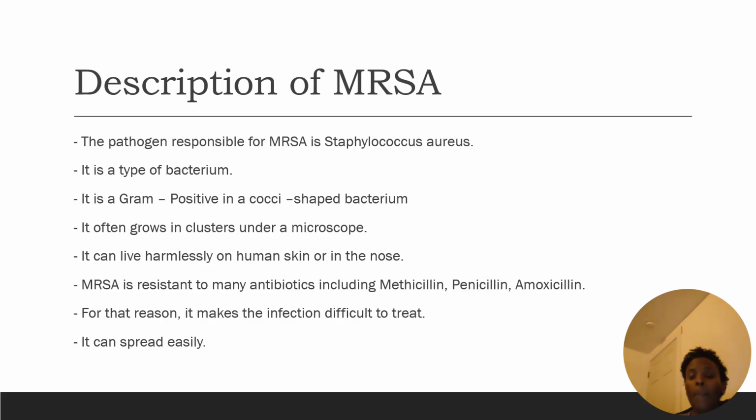It lives harmlessly on human skin and in the nose. MRSA is resistant to many antibiotics, including methicillin, penicillin, amoxicillin, and so many others. For that reason, it makes the infection so difficult to treat. MRSA can spread easily.